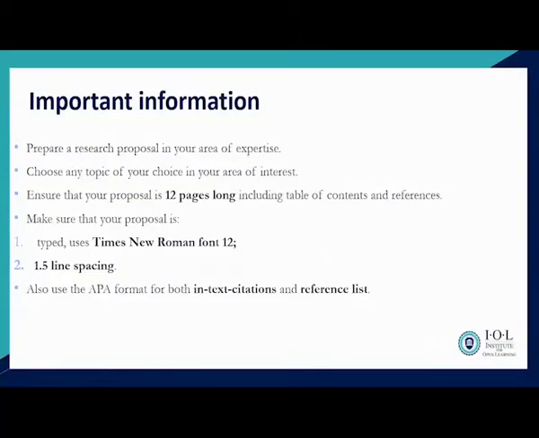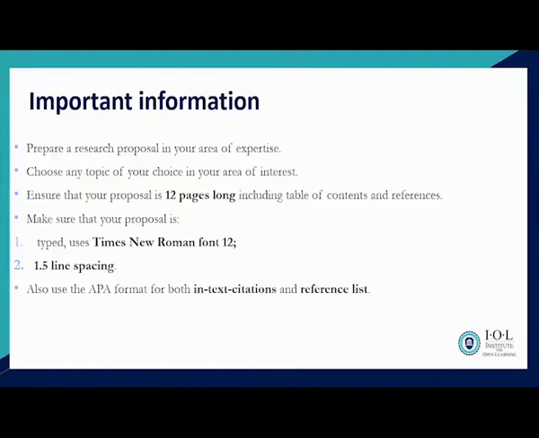Some important information that you need to pay attention to is that when you prepare a research proposal in your area of expertise, you are required to choose any topic of your choice in your area of interest, and that is a topic that you can share with your supervisor for more guidance. Ensure that your proposal is at most 12 pages long, including the table of contents as well as the references.